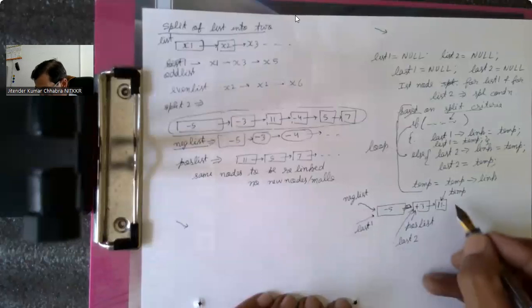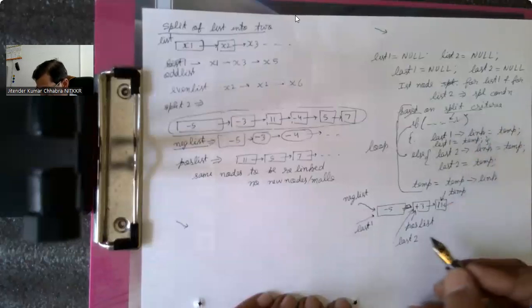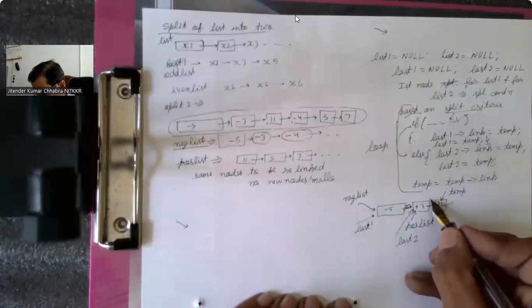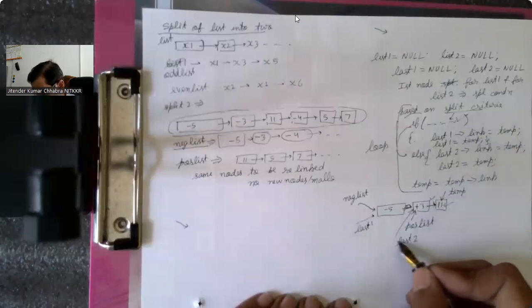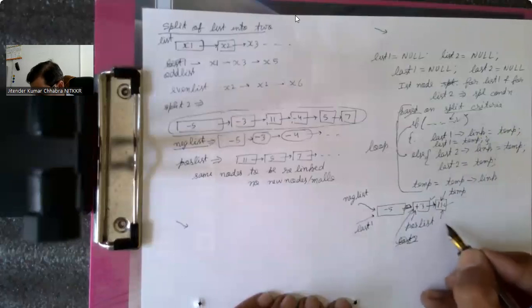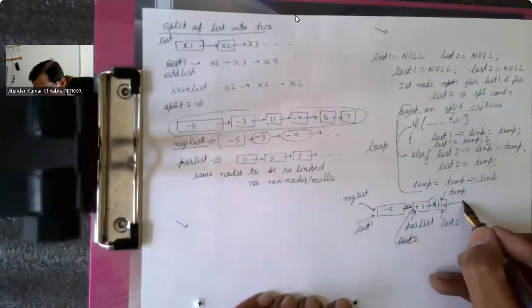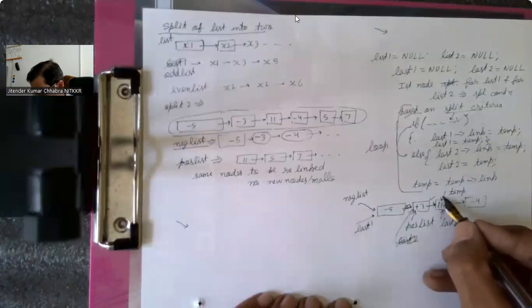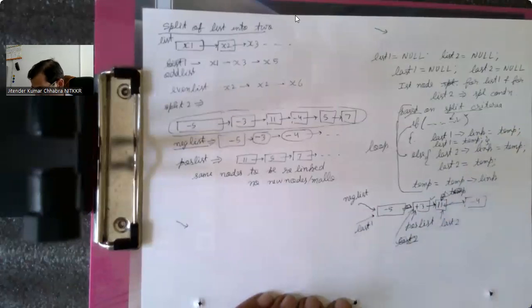11 being in the positive list, based on the condition, you will say last two arrow link. This link will be established. And now your last two changes here. Last one remains here, last two here. Temp to shift. Let's say after 11, I have -4. So temp will change from here and it will reach this node.